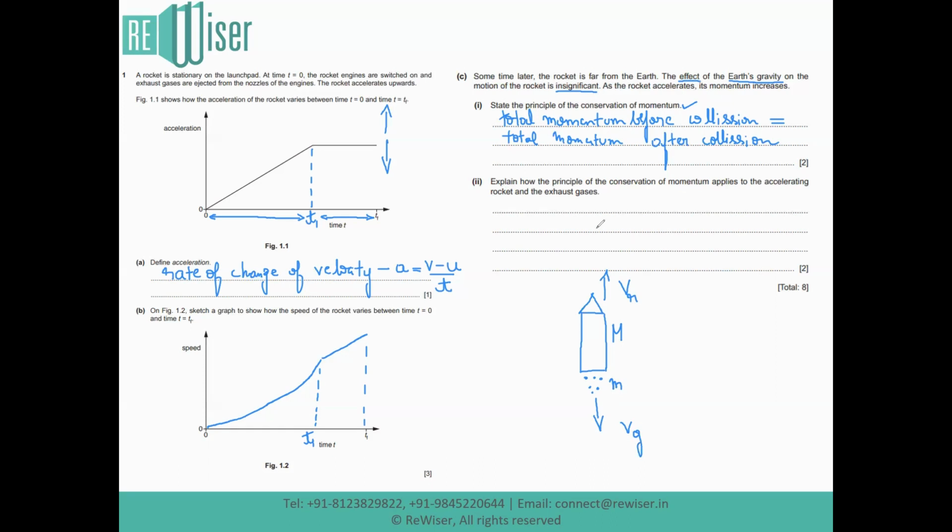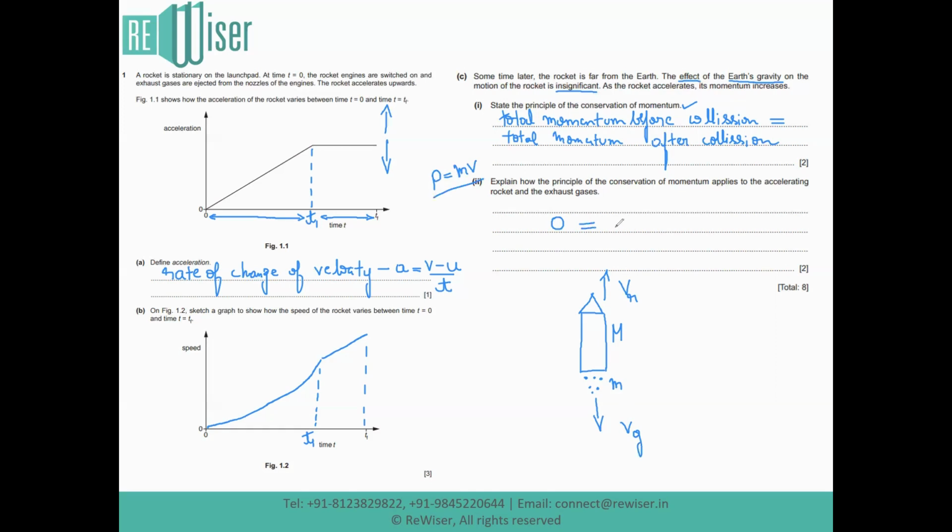Now, we understand that before the gases are expelled, the rocket is in a state of rest. So are the gases. So total momentum before collision is equal to 0. While after collision, we assume an upward velocity as positive, a downward as negative. So the momentum of the rocket, momentum is given by the equation P equals mv.